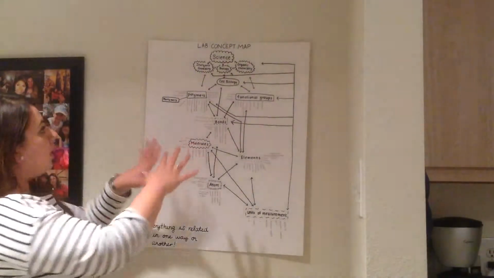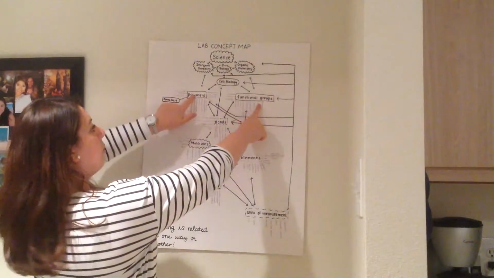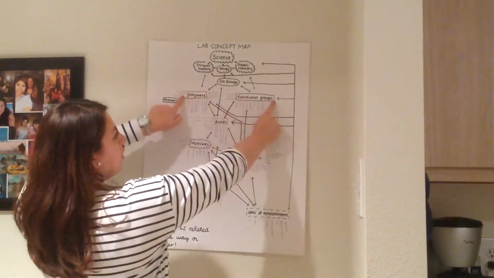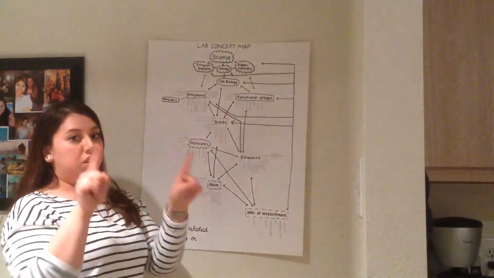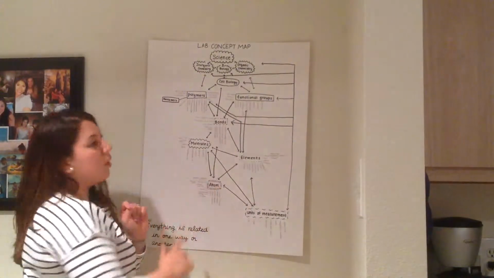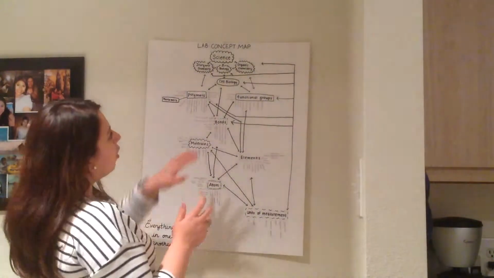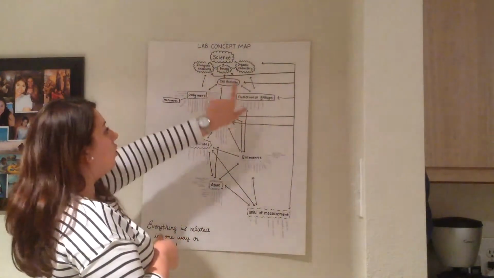Returning to how they relate. So these two, functional groups and polymers, if you can notice, I put each different one with a different drawing around them, or a different shape. So these three are the same. This one was a little bit more specific, so it's a circle.